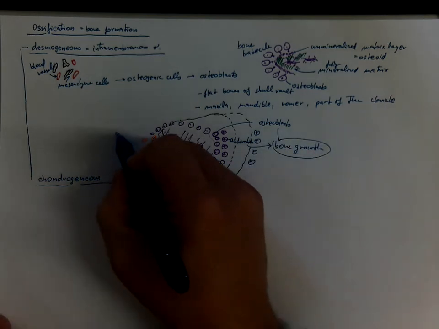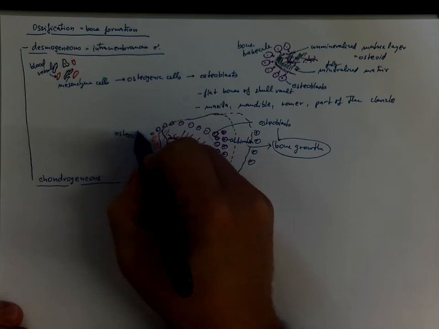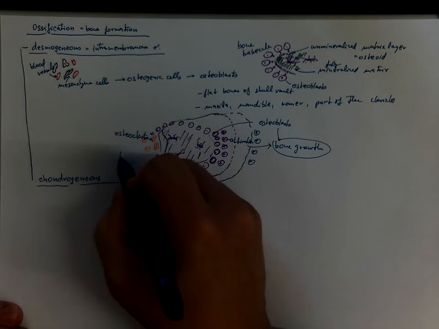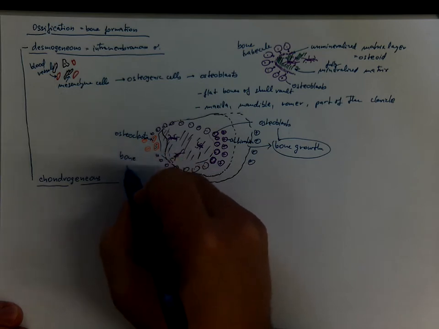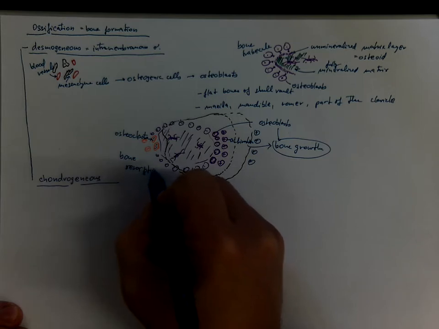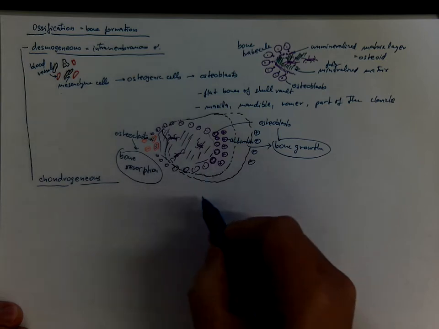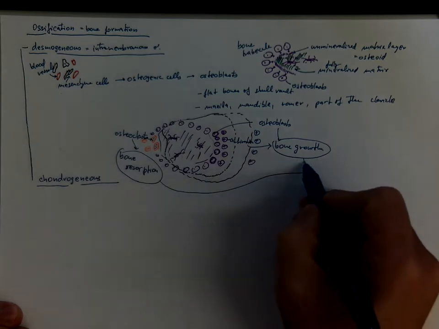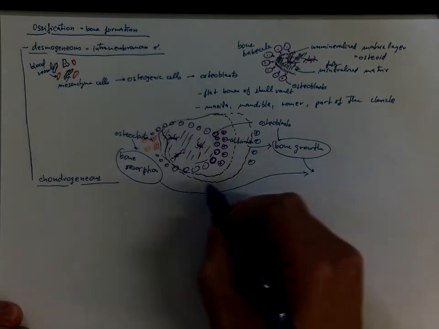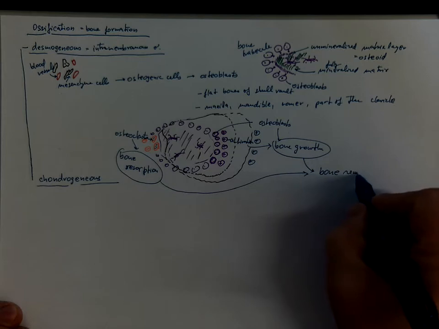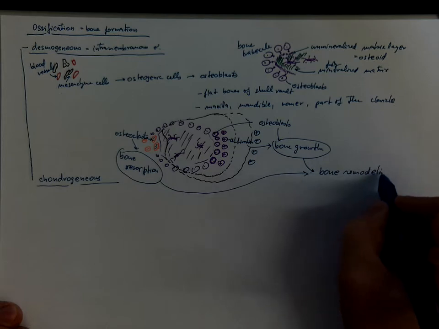And we got the osteoclasts, the bone resorption cells, and the balance between these two processes, the bone synthesis and bone resorption, is responsible for the bone remodeling.